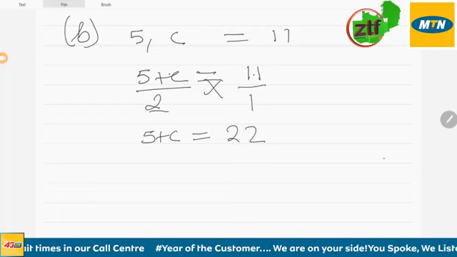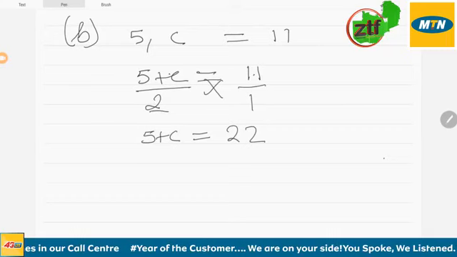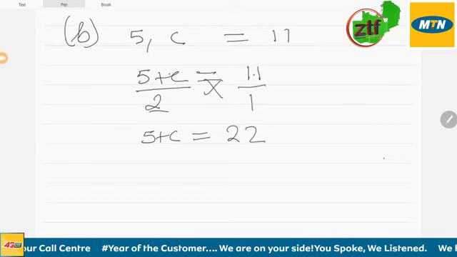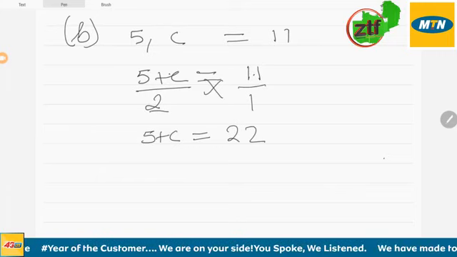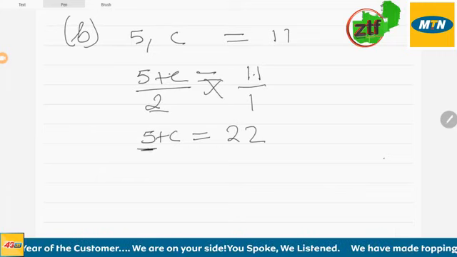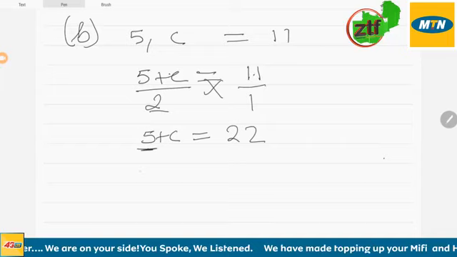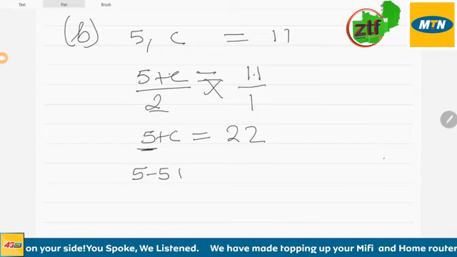We've been asked to find the value of C from this arithmetic mean of 5 and C. So here we are going to transpose this 5 to the other side, or add the additive inverse of 5 to both sides. So in other words we can say 5 minus 5 plus C equals 22.